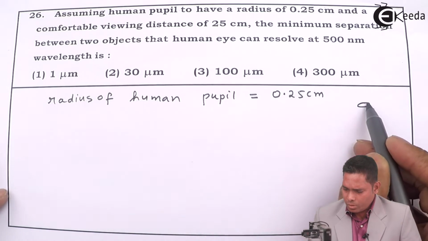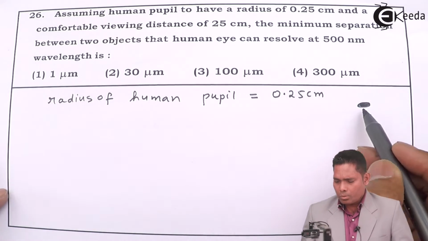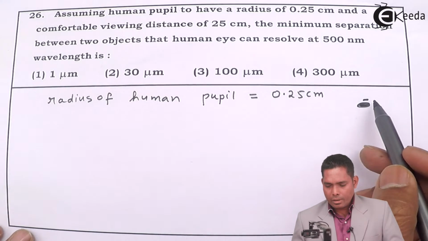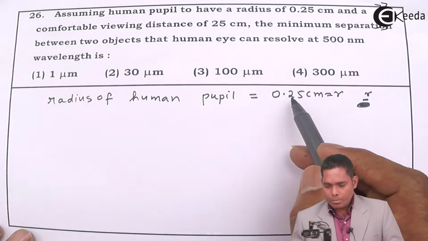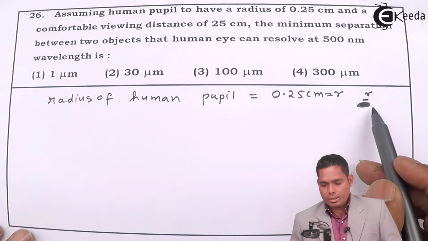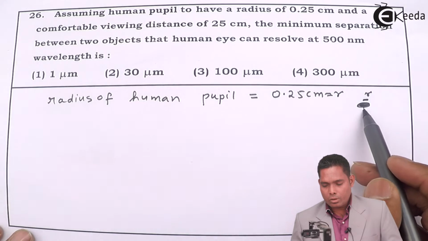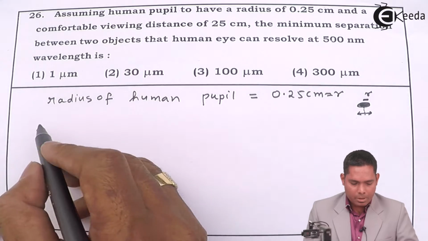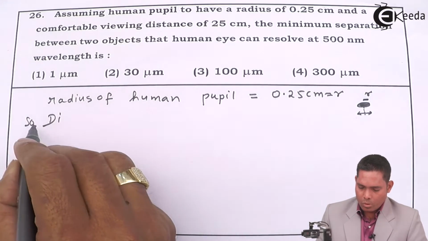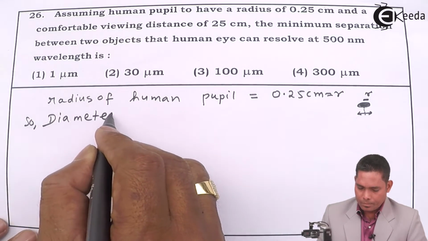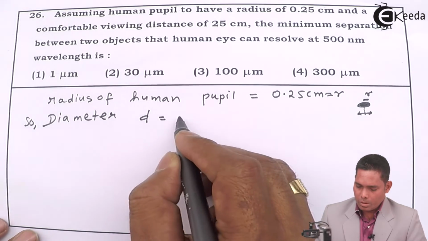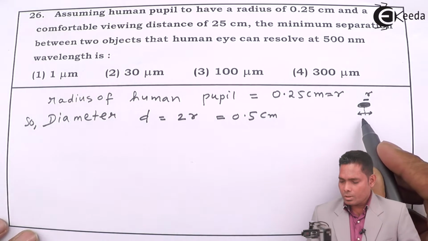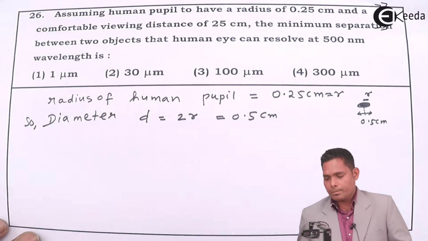So this is the pupil, through which light enters, and its radius is r, which is 0.25 centimeter. Obviously then if you think of the diameter, the diameter d should be twice the radius, so it is 0.5 centimeter.